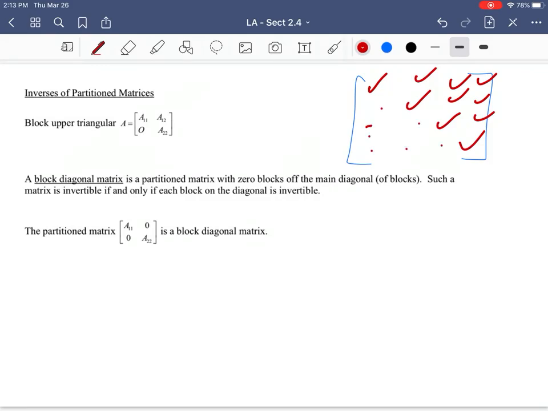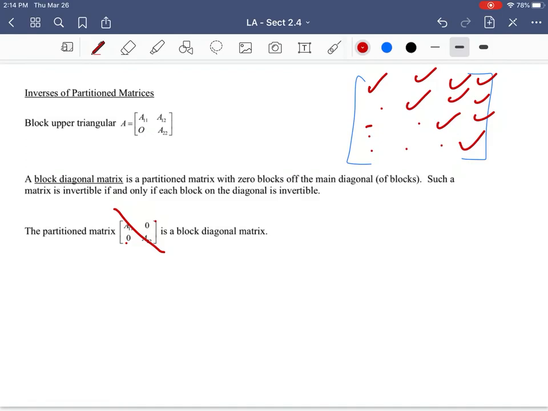I forget how many rows and columns I was doing. But anyway, when your lower half is all zeros and your upper corner is all items, that's called an upper triangular matrix. And then when it's the other way around, it's called a lower triangular matrix. And so a block diagonal matrix is when you just have matrices along the diagonal and you got zeros everywhere else. So there's just some definitions.